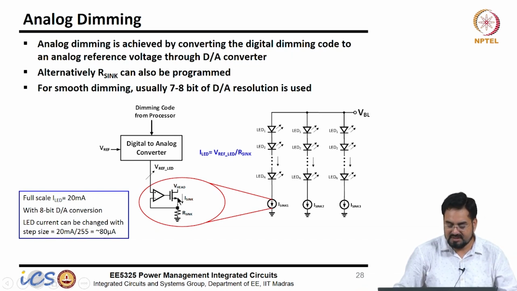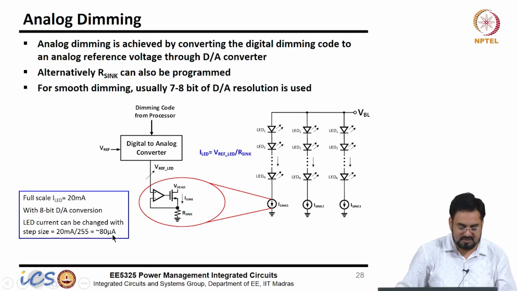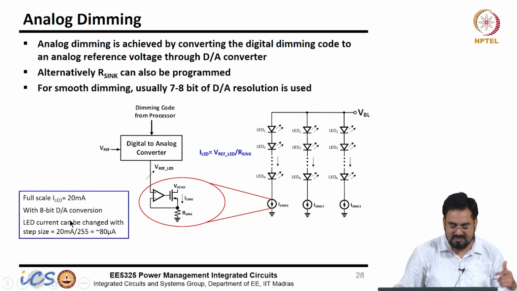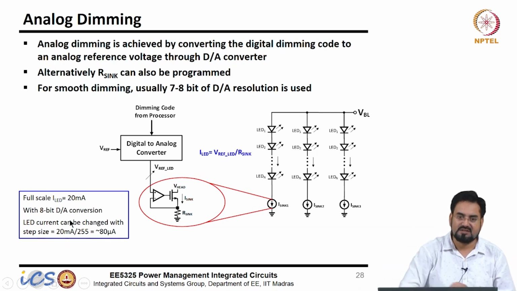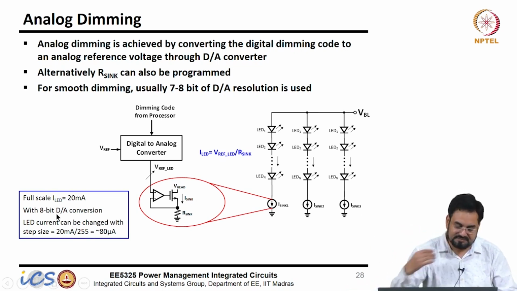Each LSB will change this. So that's the resolution you can achieve in your brightness control. It will look pretty smooth. With 8 bit you will get almost a continuous change in the brightness or intensity. Most of the time 7 to 8 bit is good enough.